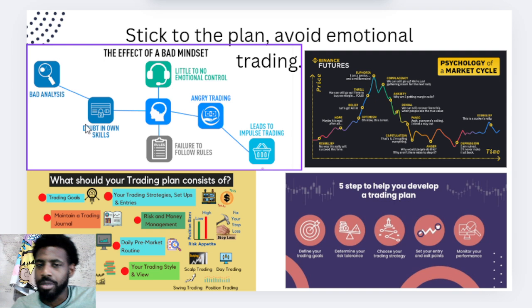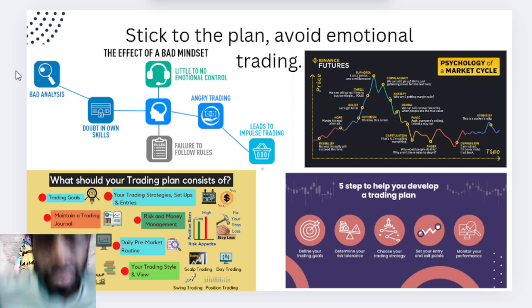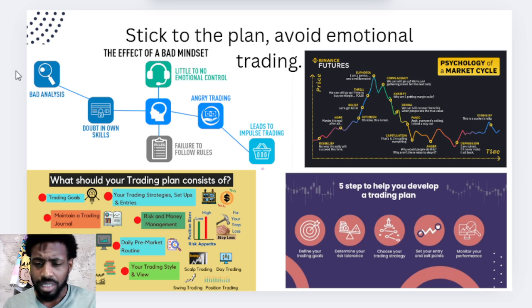The reason people doubt their own skills is because they don't have a plan or a strategy, so they're not very confident, and they keep doing the same bad habits over and over. That means you might have skill, but because of these bad habits, it's affecting your trade, which causes doubt, which is more negative emotion you do not want when it comes to trading. So this is very important.